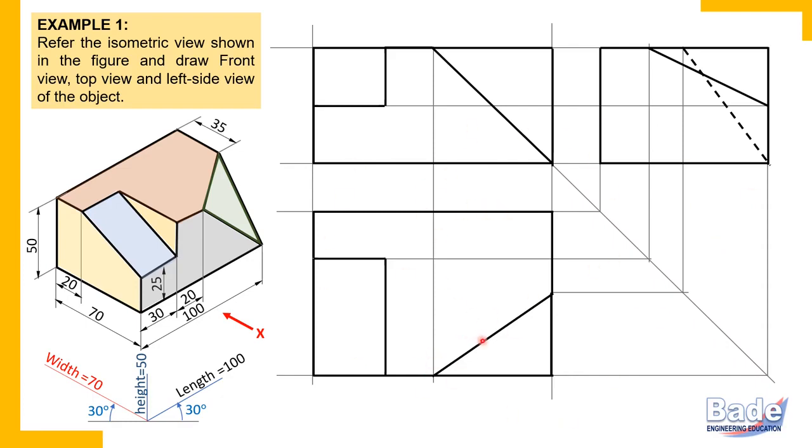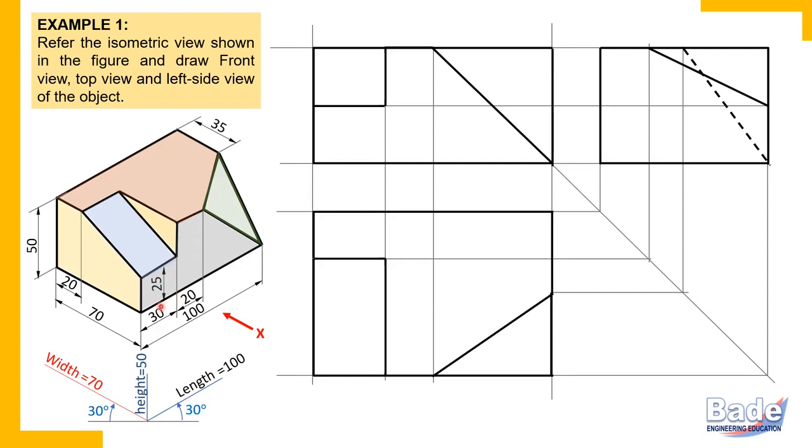Now listen, after completing the drawing, you should insert dimensions. All given dimensions are to be inserted. Remember, as far as possible, don't insert dimensions inside the views. Smaller dimensions must be nearer to the boundary.